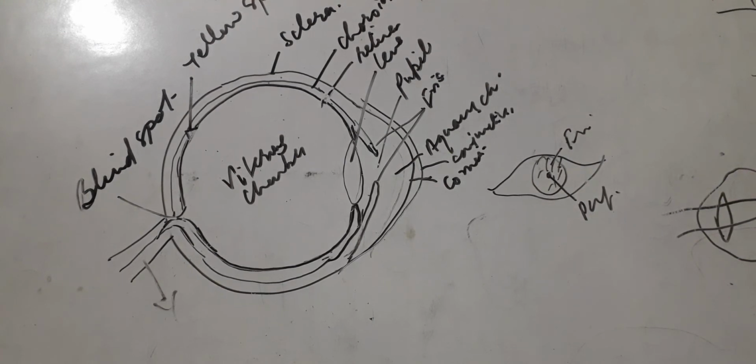Accommodation of the eye means the process of focusing the eye to see a clear image of an object at different distances. Accommodation means the eye adjusts itself according to the distance of the object to interpret it clearly.